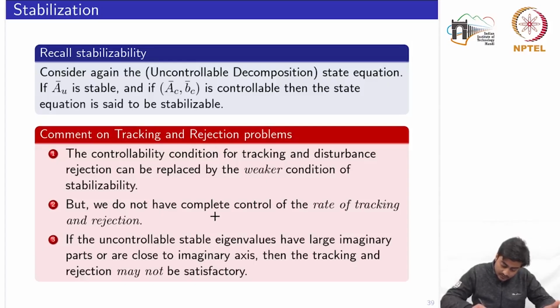But with this weaker condition, we do not have complete control on the rate of tracking and rejection, which is basically linked to the placing of eigenvalues. So suppose the eigenvalues of the uncontrollable part are stable but have large imaginary parts or are close to the imaginary axis, then the tracking and rejection may not be satisfactory. So these two points should be noted while addressing the tracking and rejection problems for systems which are not completely state controllable but stabilizable.